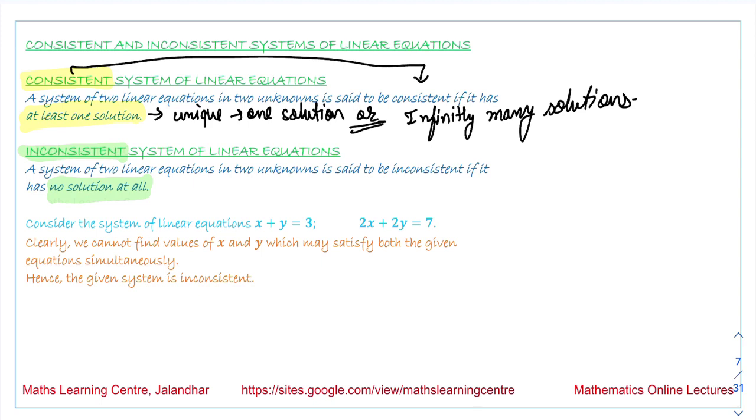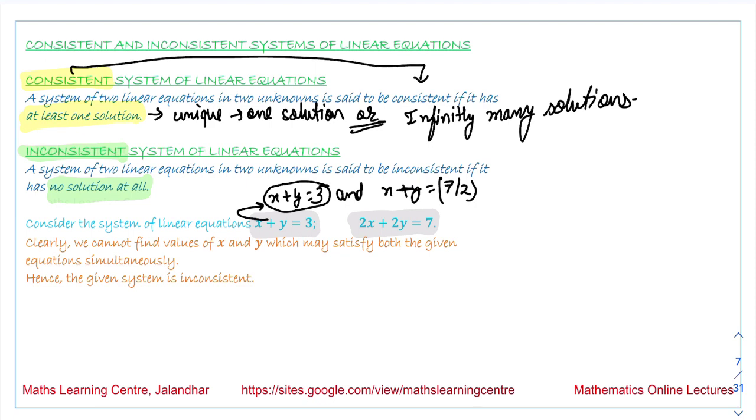As an example, this system is given: x plus y is equal to 3 and 2x plus 2y is equal to 7. It means we are interested in those values for which x plus y is 3 and x plus y is 7 by 2. We will see more examples in our next slides of how we can find whether the system has no solution, and it will be more clear what the meaning is.